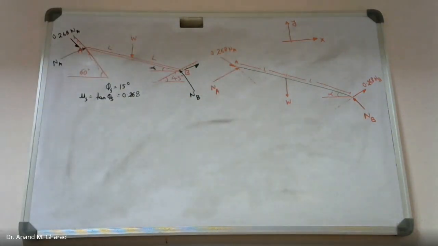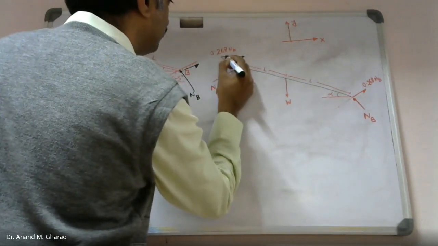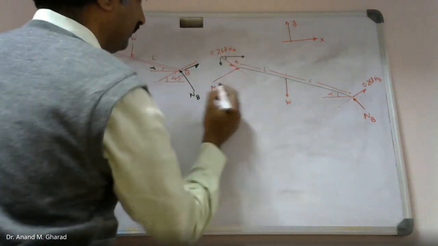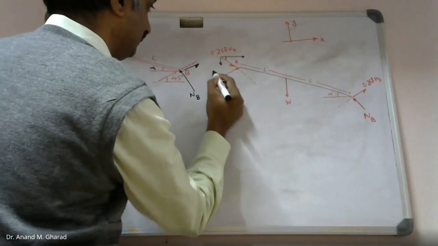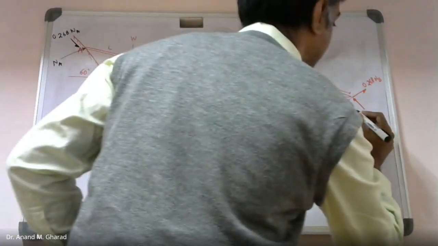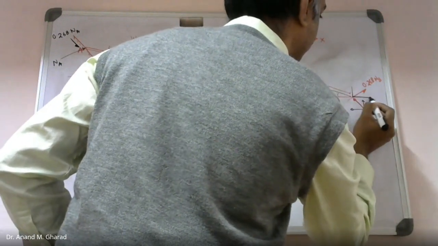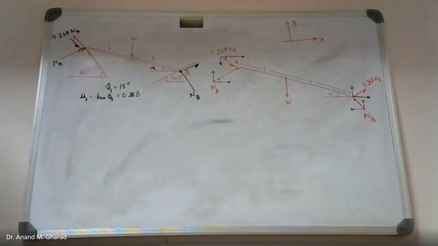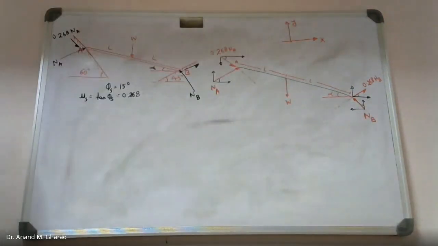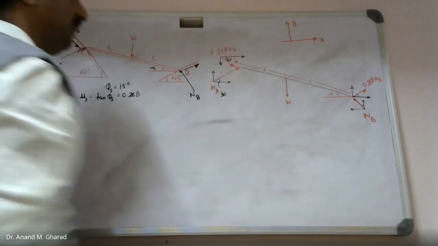Can you please let me know what will be this angle? 60 degrees. This will be 30 degrees. Here there is no problem, everything is 45. So the resolution, as you can see, I have drawn in this manner.